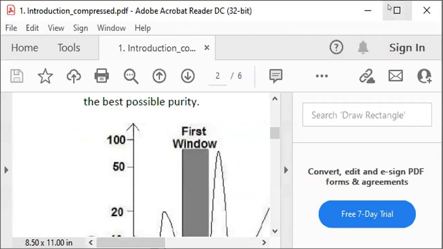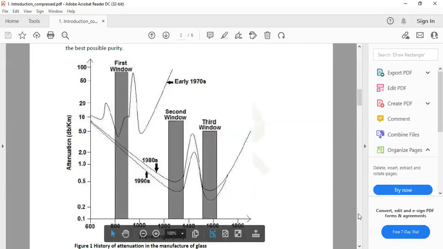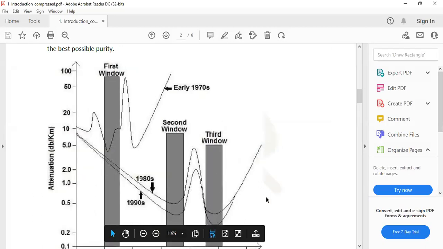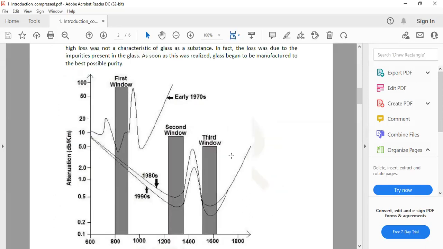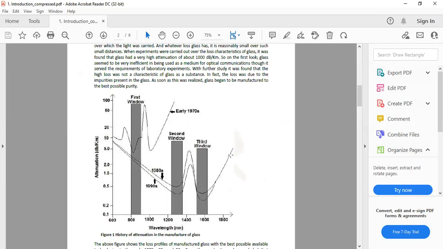Trouble here. The better answer. Range of wavelengths with the least attenuation. New.